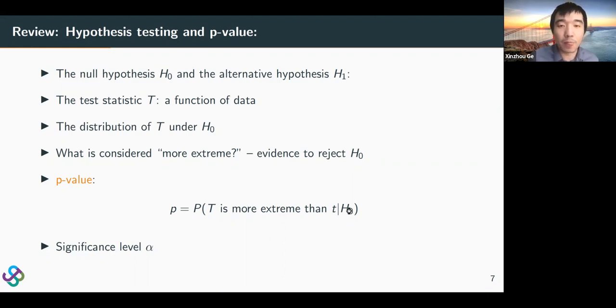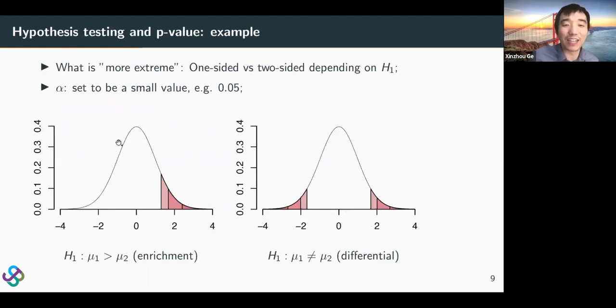If this is the null distribution of the test statistic, a t distribution, what is more extreme depends on whether it is a one-sided or two-sided test.